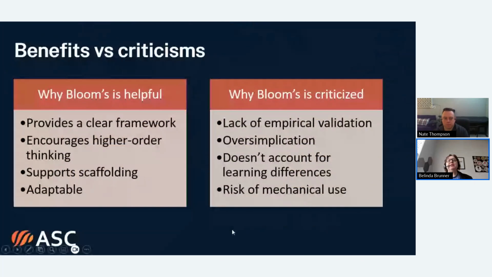With that in mind, and I've already talked about some of the criticisms of Bloom's, let's look at what the experts say about it. So, benefits versus criticisms. Why Bloom's is helpful: it does provide a clear, easy-to-understand framework. It encourages higher order thinking.